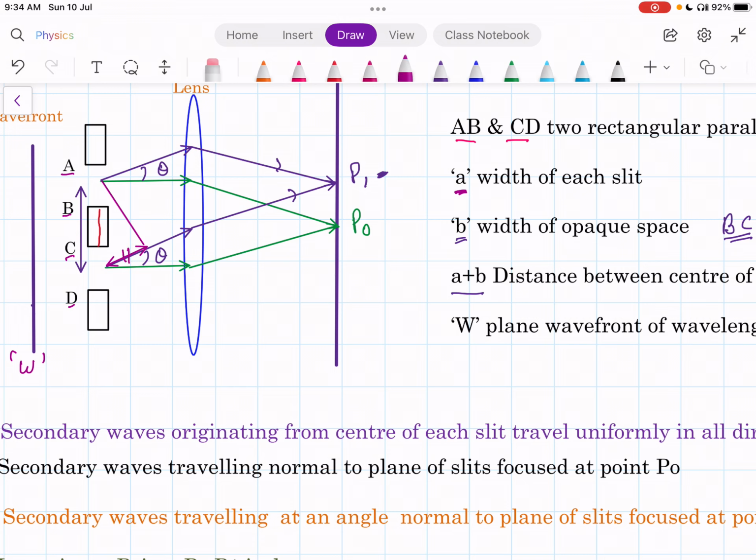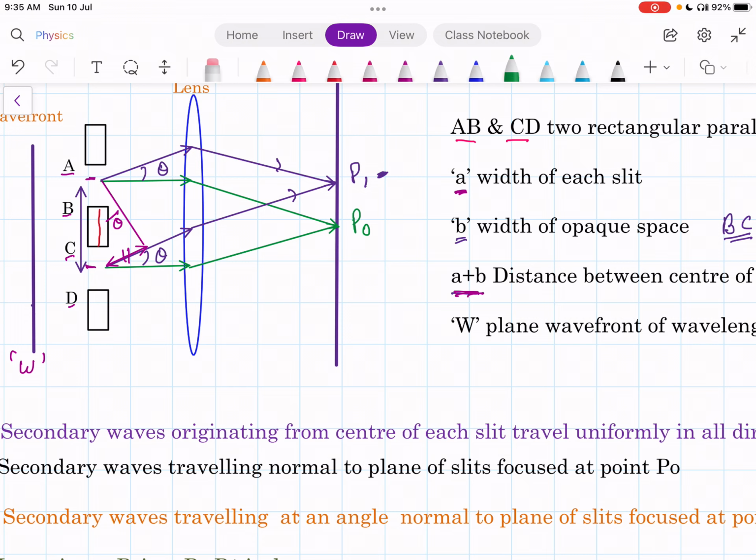So this is the path difference between the two waves which are reaching at point P1. And that path difference would be nothing but, as this is the theta, and the distance between the centers of each slit is equal to A plus B. The angle is theta.